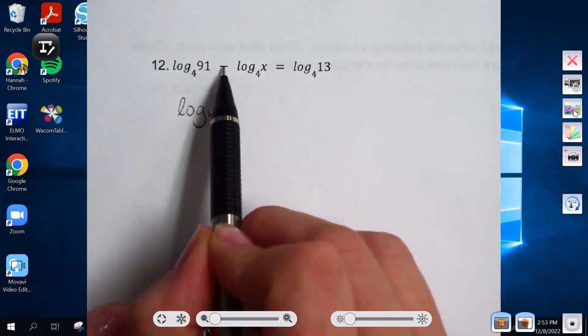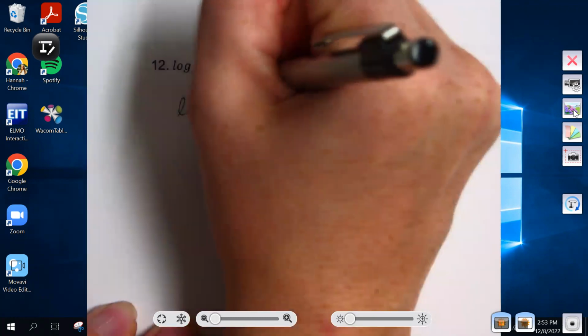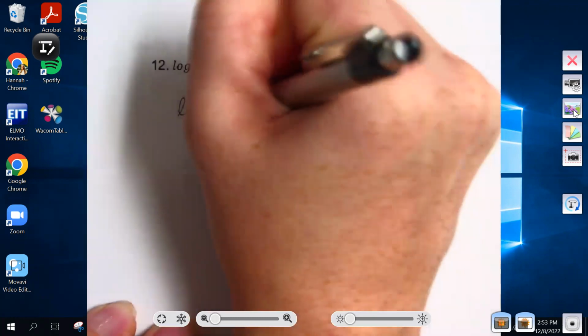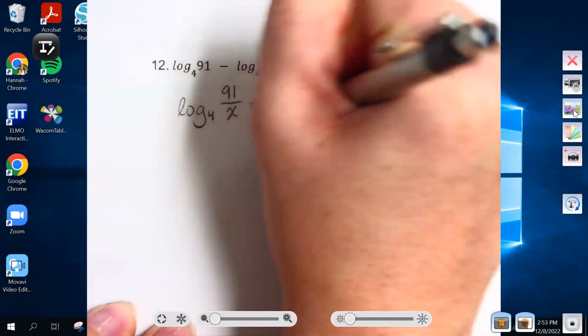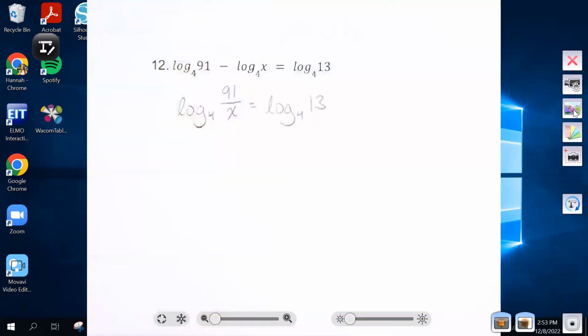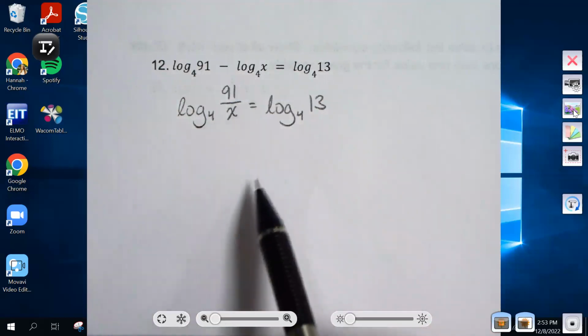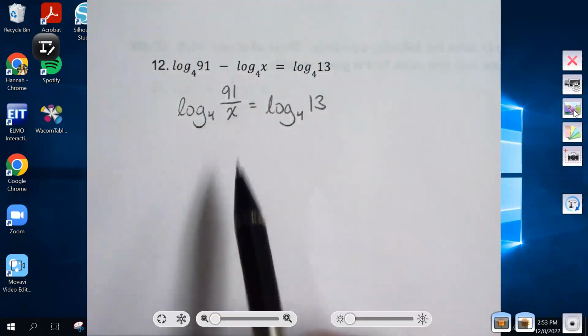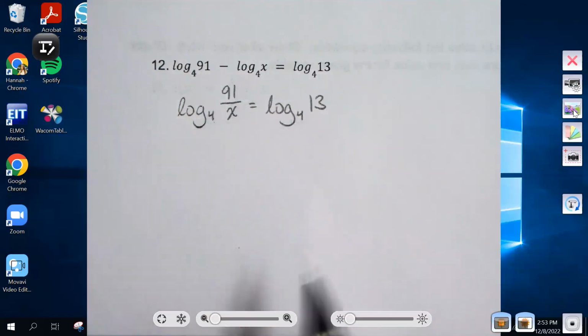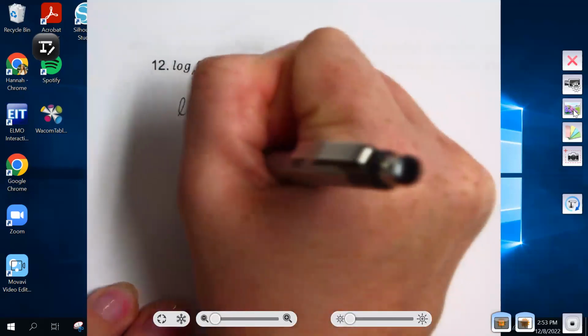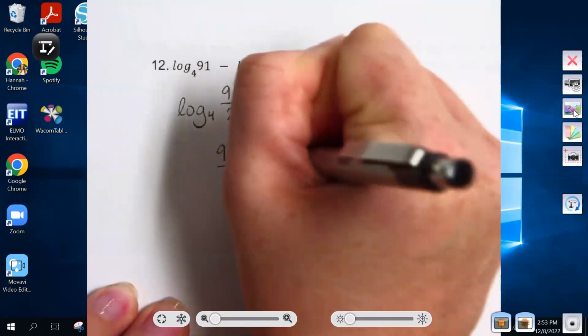Now the two logarithms are being subtracted, which means we divide. 91 divided by X. Now we have a logarithm on both sides of the equal sign. So just like in number 10, as long as they have the same base, we can leave them off. So we'll just set 91 over X equal to 13.